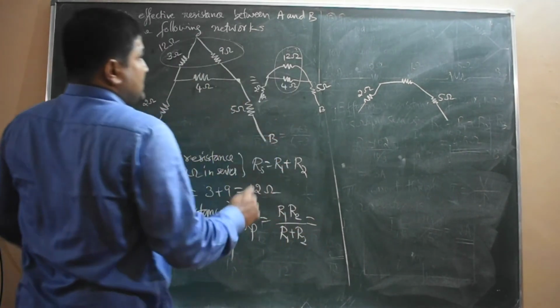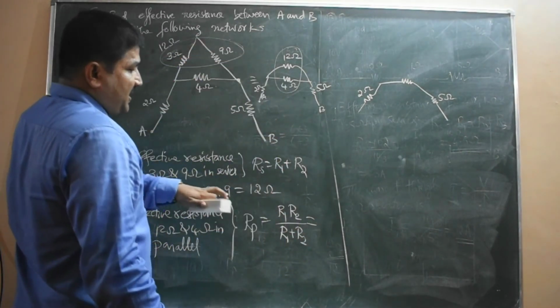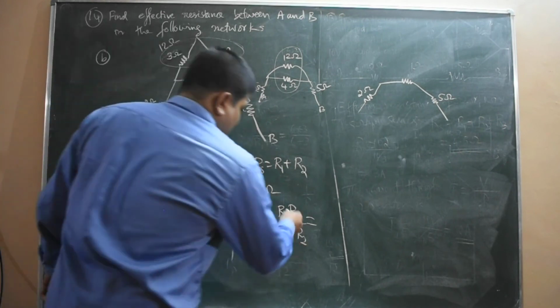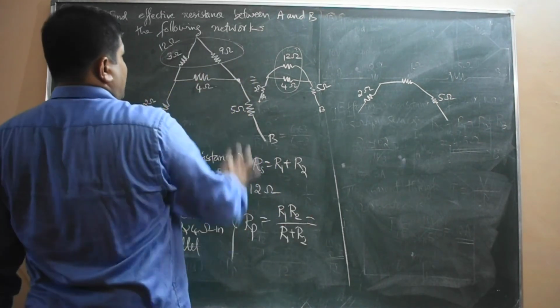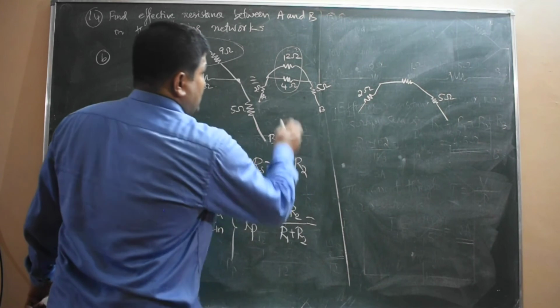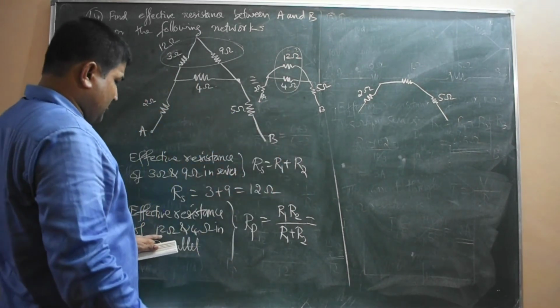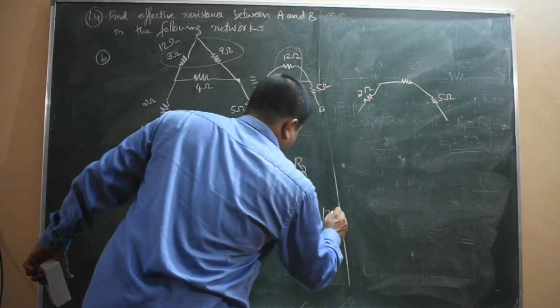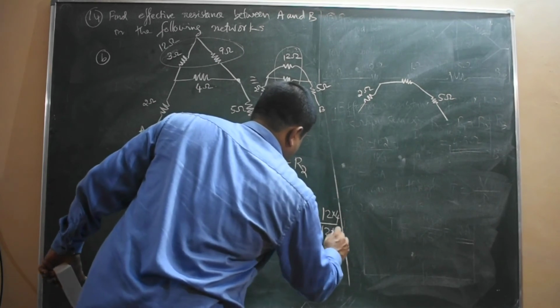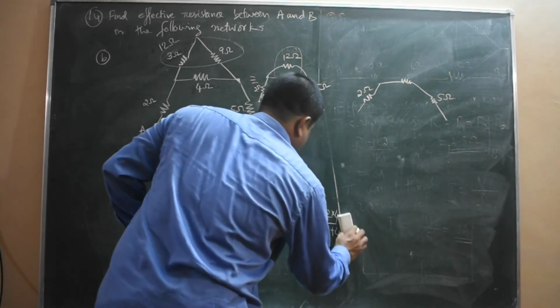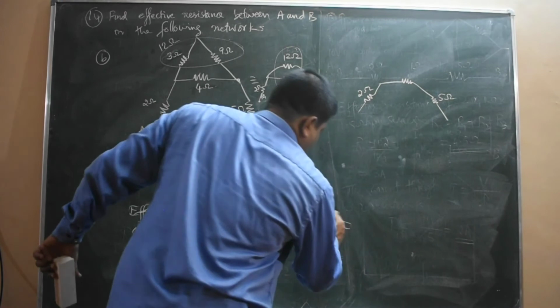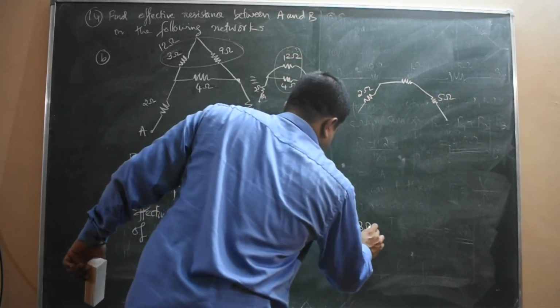It is compulsory to write the formula whether it is series or parallel. R1 into R2, first resistor 12, another is 4. So 12 into 4 divided by 12 plus 4, that can be simplified as 48 by 16, that is 3 ohm.